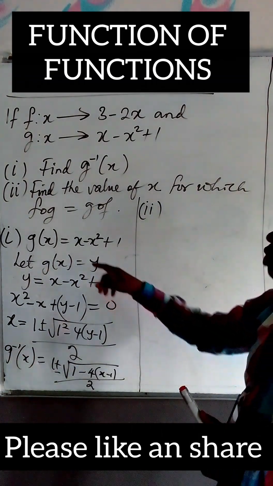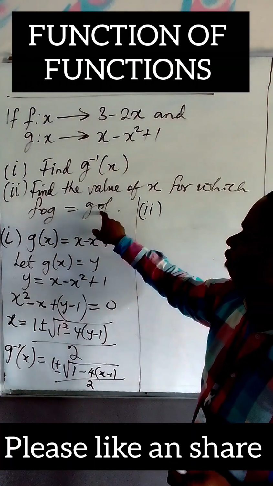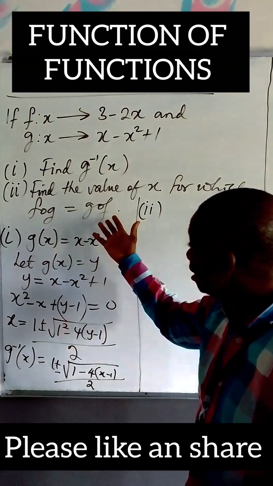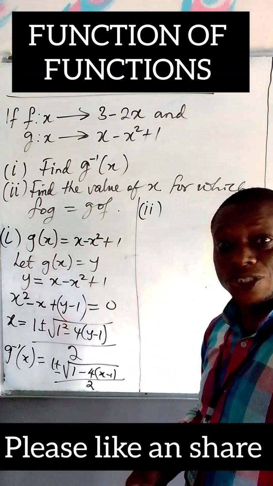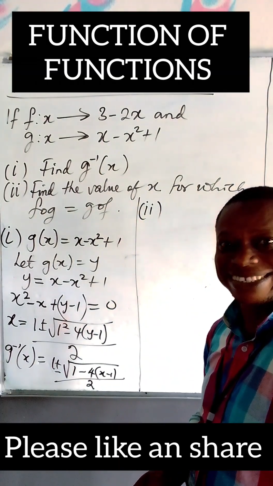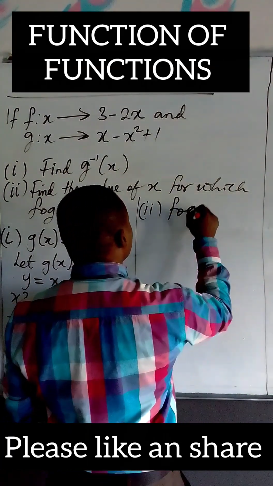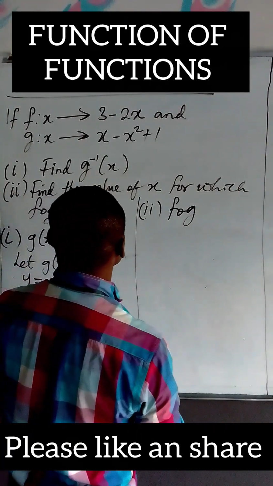The value of x for which f of g is equal to g of f. So first of all, we find f of g and equate it with g of f. Then along the line we solve the equation for x. Let's find f of g. F of g means the f function will take on the g function.